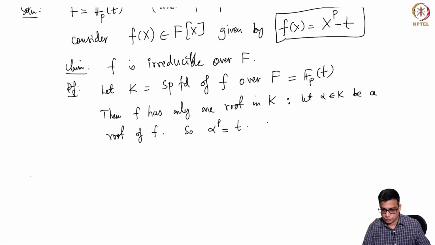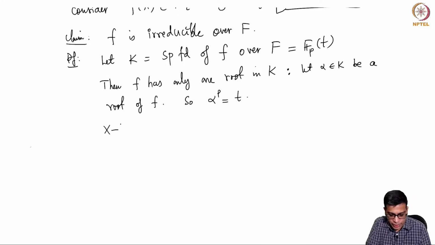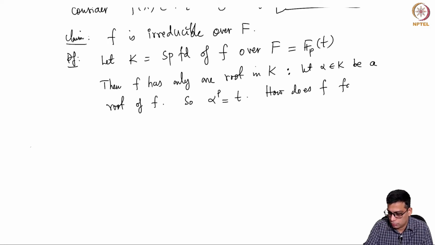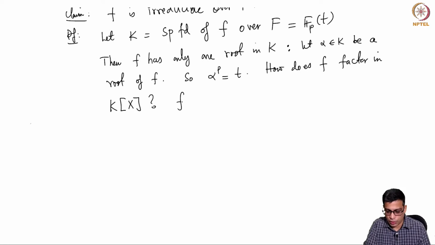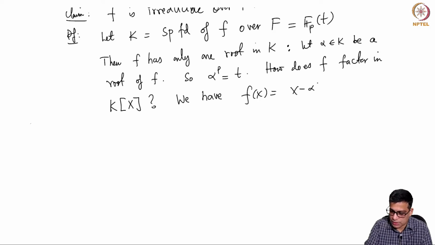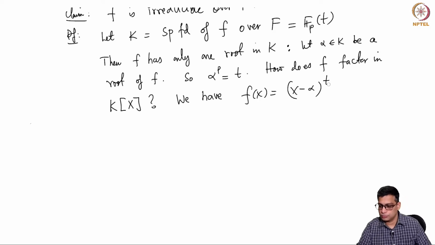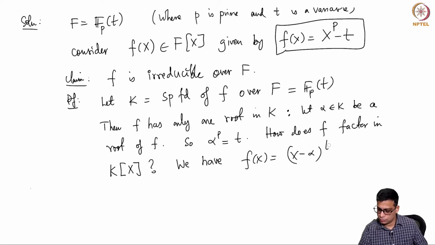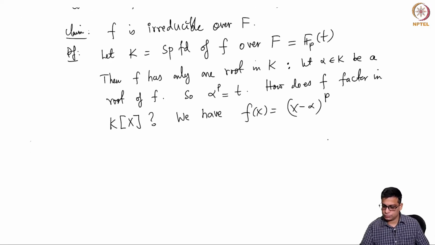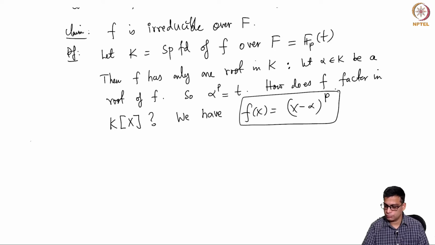So, let us take the polynomial x - alpha. How does f factor in K[x]? That is what I want to understand. So, I claim that we have f(x) equals (x - alpha)^p.